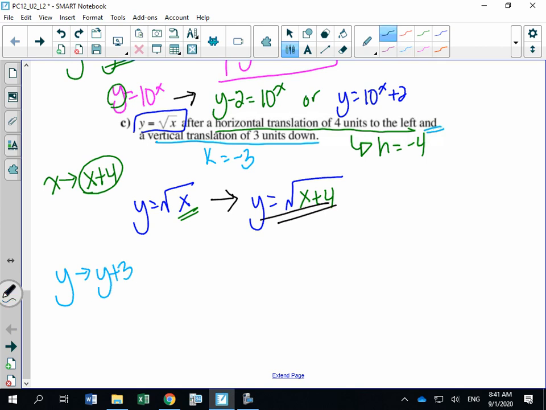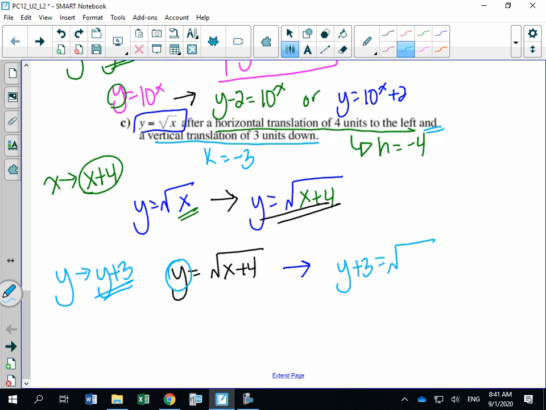Okay, take your equation where we're at, y is equal to the square root of x plus 4, and let's do our transformation. So our transformation is taking out y and putting in y plus 3. So y plus 3 is equal to the square root of x plus 4.